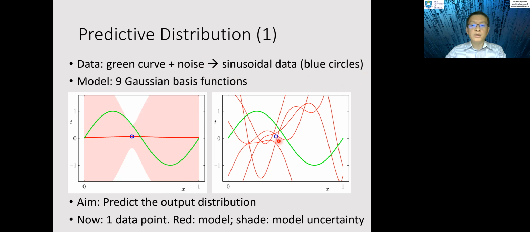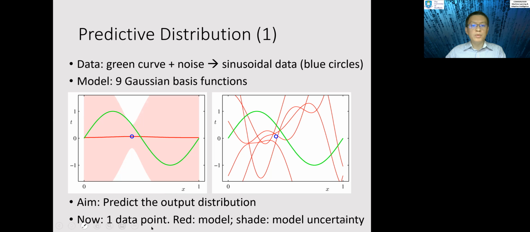So this is one observed data point. Our linear regression model will make use of 9 Gaussian basis functions. And we want to predict the output distribution.